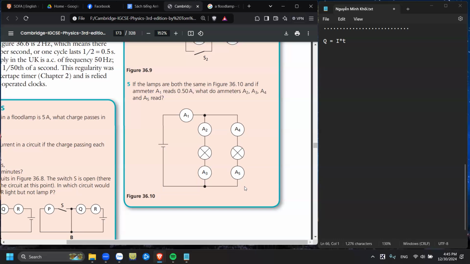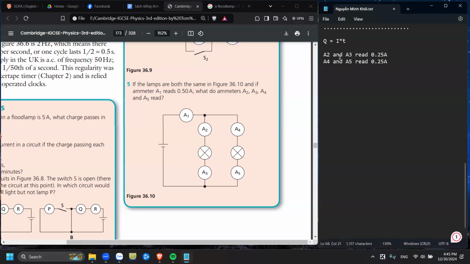Right, correct. So how much do A2 and A3 read? 0.25 ampere, right? And the same for A4 and A5, 0.25 ampere, correct. You understand it now?